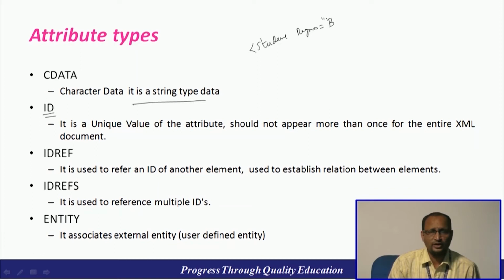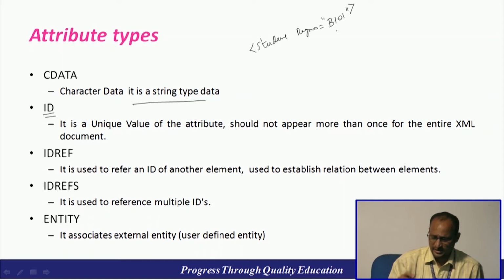So ID should start with a capital character followed by any digits. Since a student's register number should be unique, I have preferred ID instead of character data.